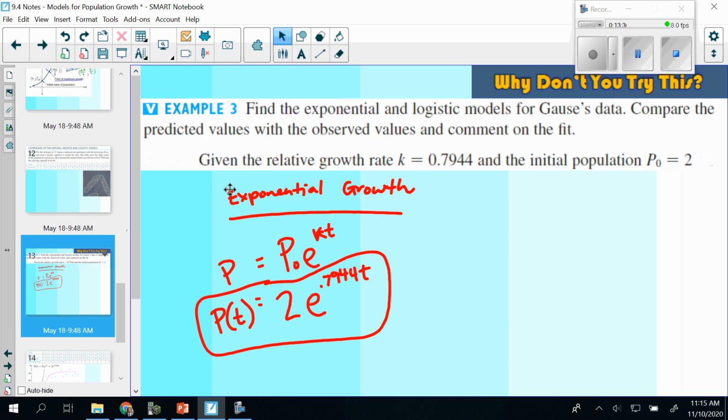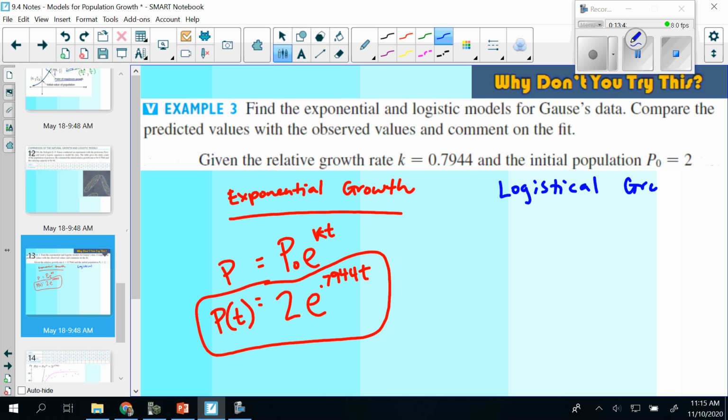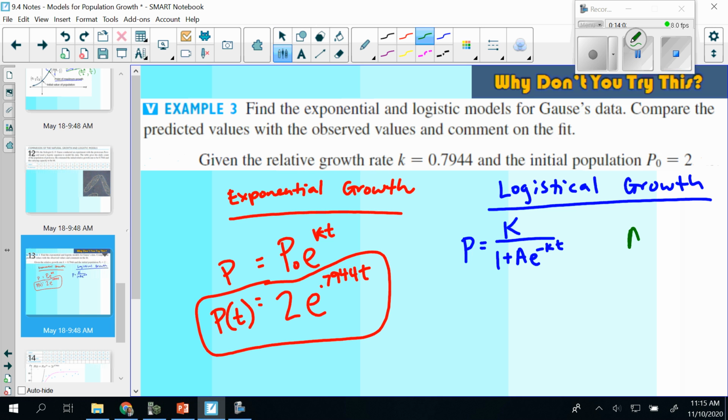If we want our logistical growth, now we're using our other equation we had here. So our population is going to be our carrying capacity over 1 plus A e to the negative kt, where A again is equal to our carrying capacity minus our initial population over our initial population.